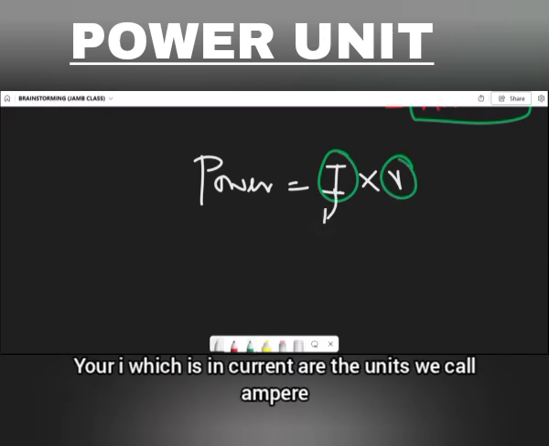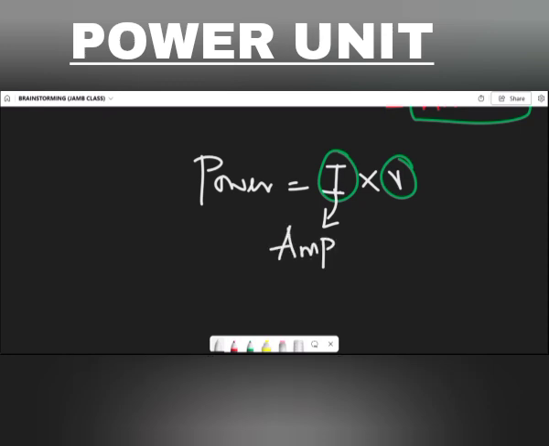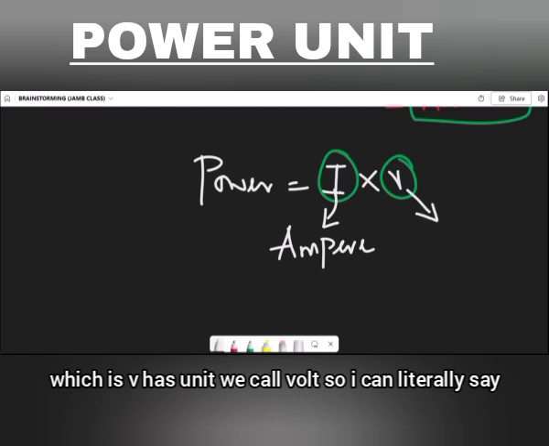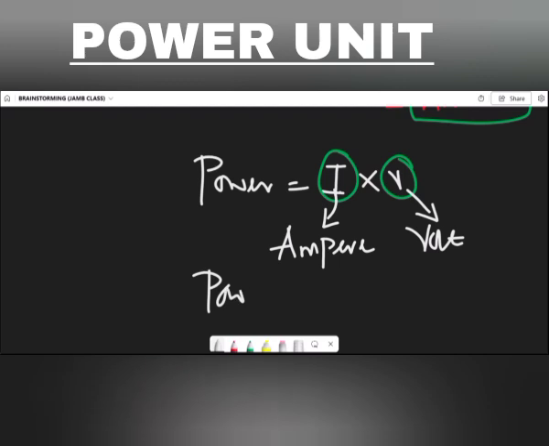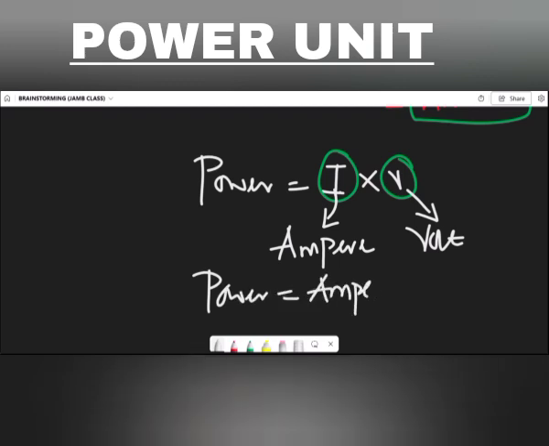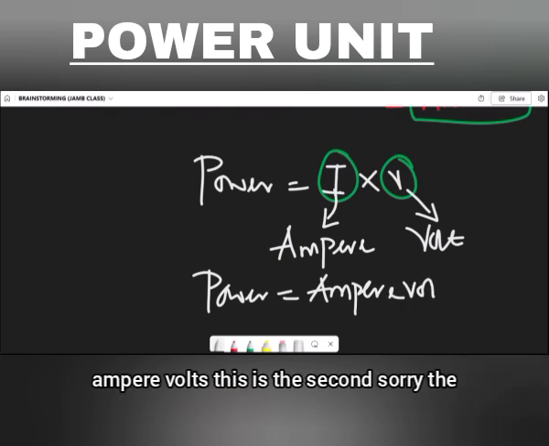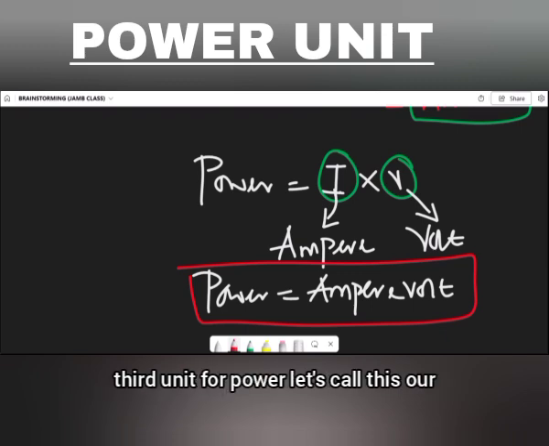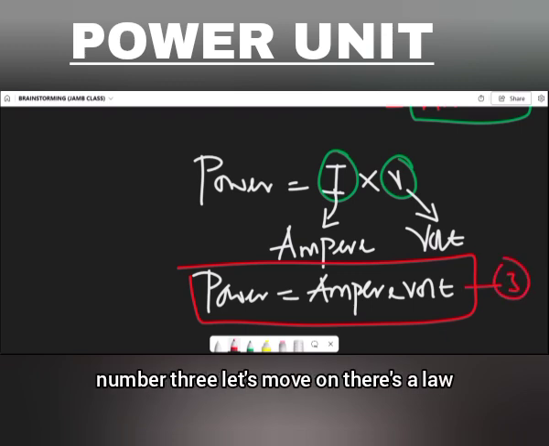Your I, which is current, has a unit we call ampere, while your voltage, which is V, has a unit we call volt. So I can literally say that power is equal to ampere volts. So this is the third unit for power. Let's call this our number 3.